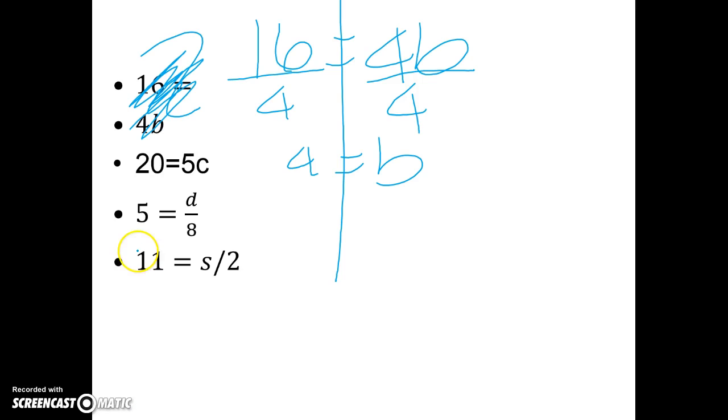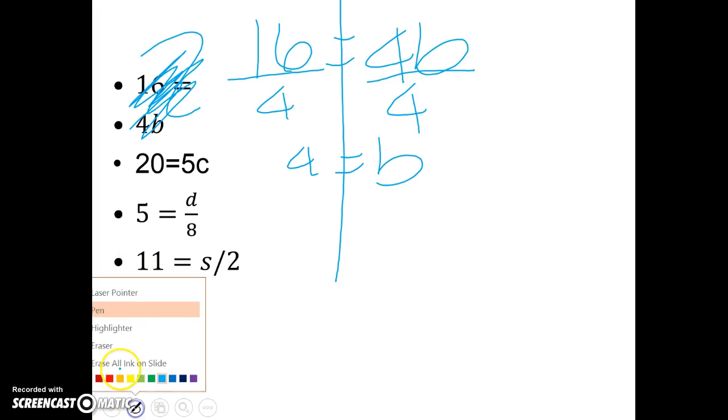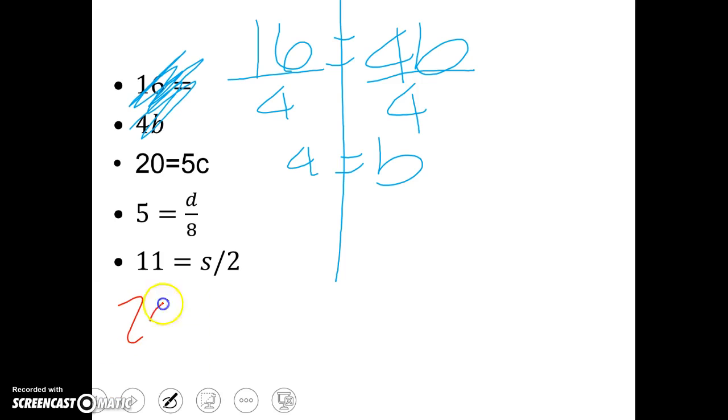Do the next one here. Okay, the next one would be 20 equals 5c.